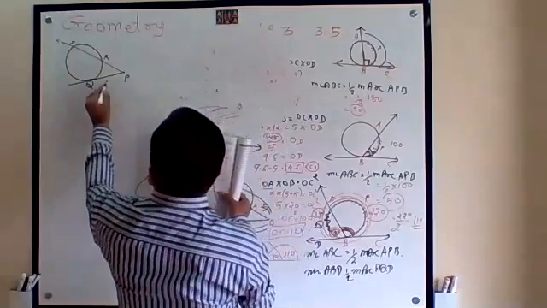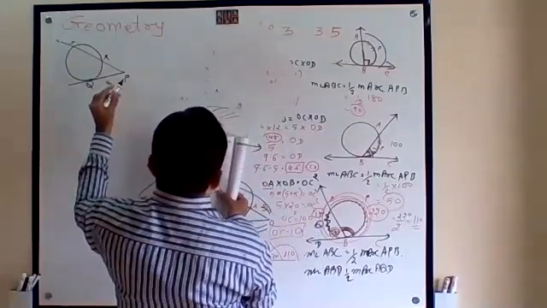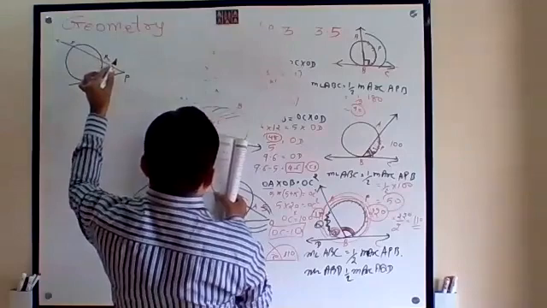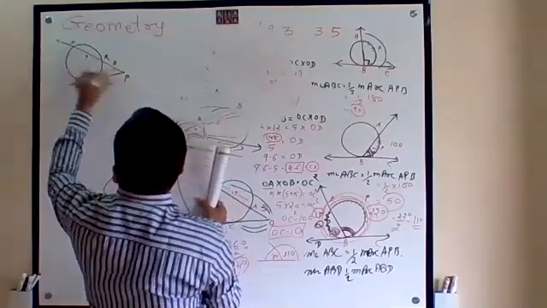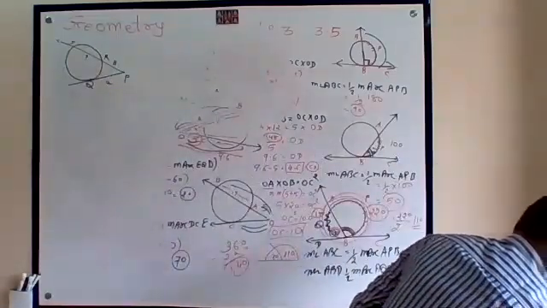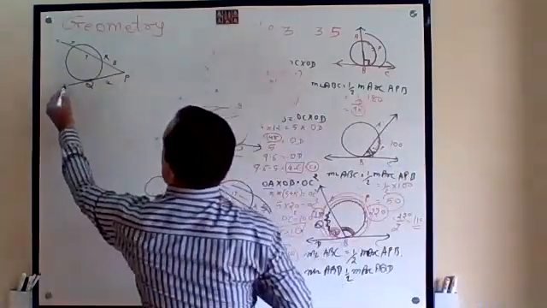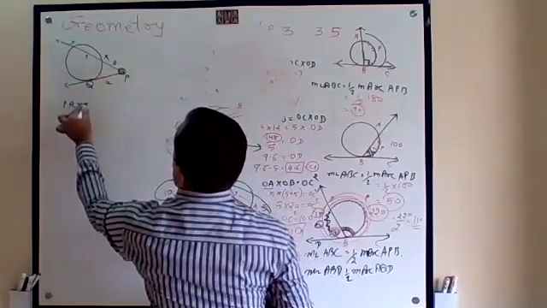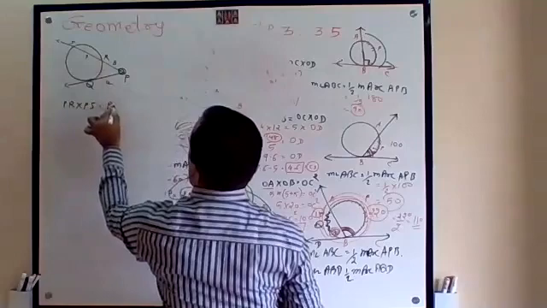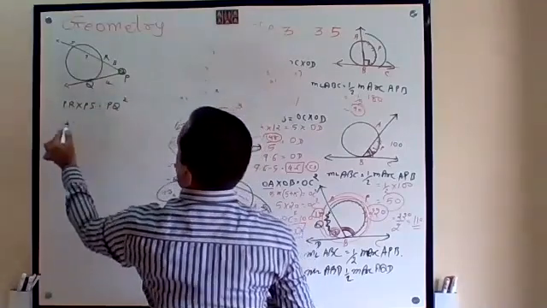PQ is given 12. PR is given 8. RS question and PS question. So as per the formula, from the intersection, PR into PS is equal to PQ squared.